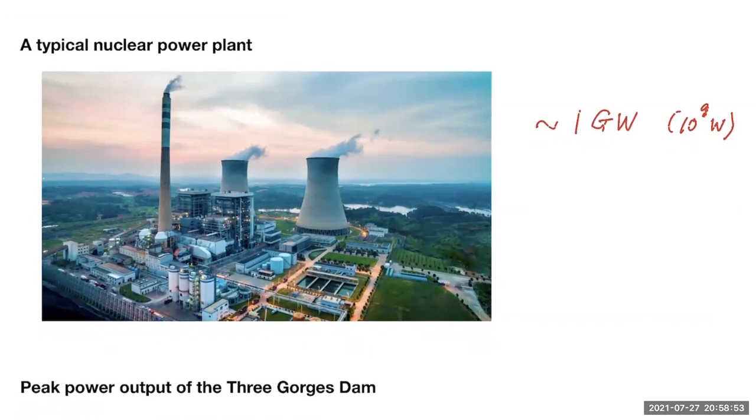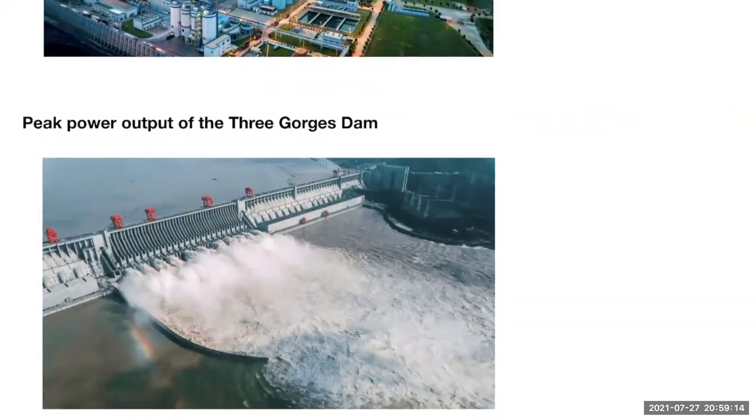Now, going along the same path as electrical power plants, how about the world's largest hydraulic electric power plant, the Three Gorges Dam in central China? Okay, it is the world's largest hydraulic power plant. Here's a picture of that.